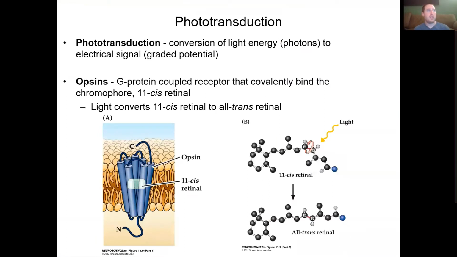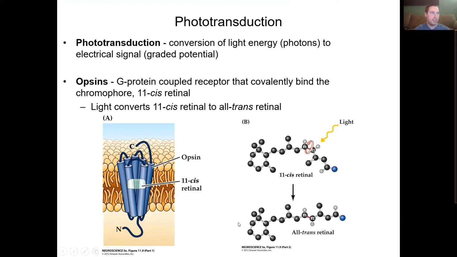So that's phototransduction. It is the conversion of photons to electrical signals, which we mentioned last time are going to be graded potentials. And it does this with opsins. So here on the left, this is an opsin. It's a G protein coupled receptor that covalently binds a chromophore, a molecule that is responsive to light.